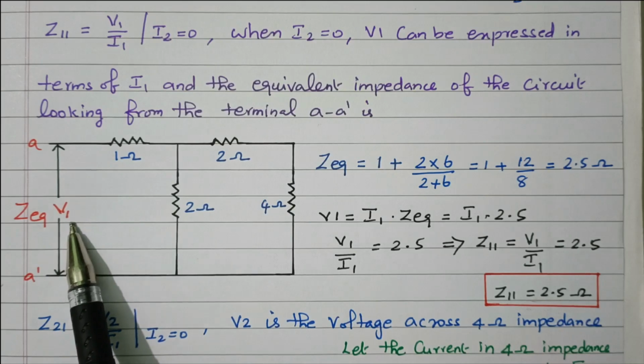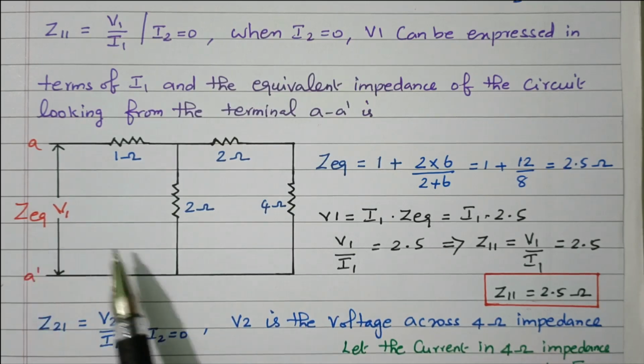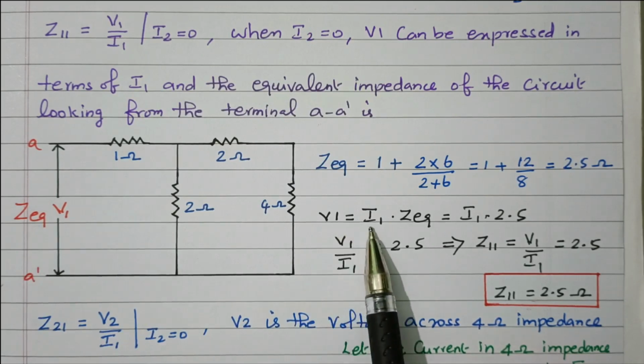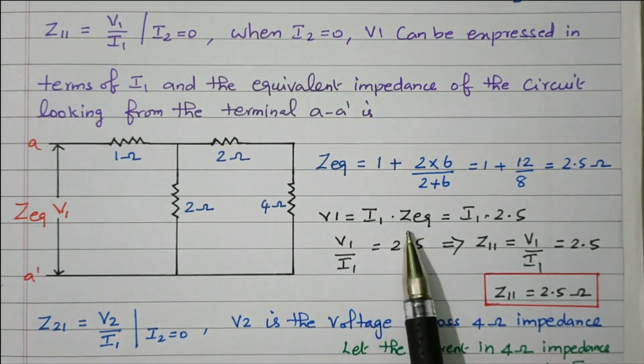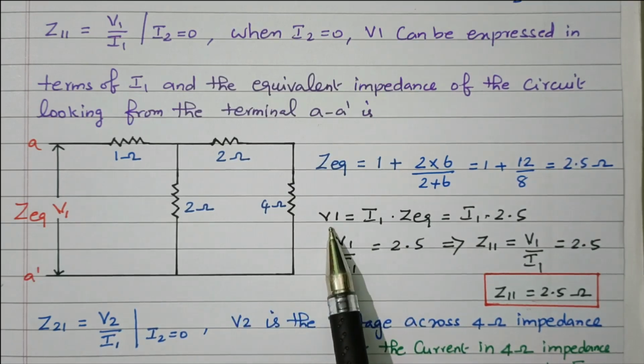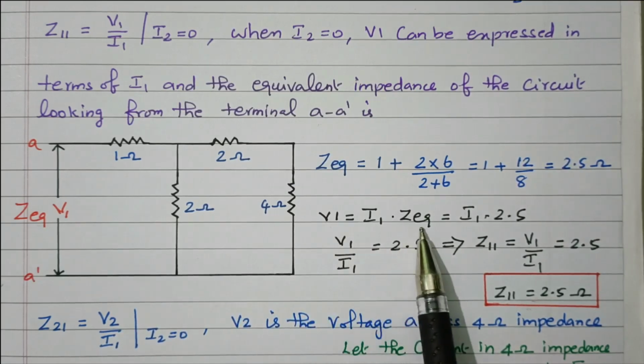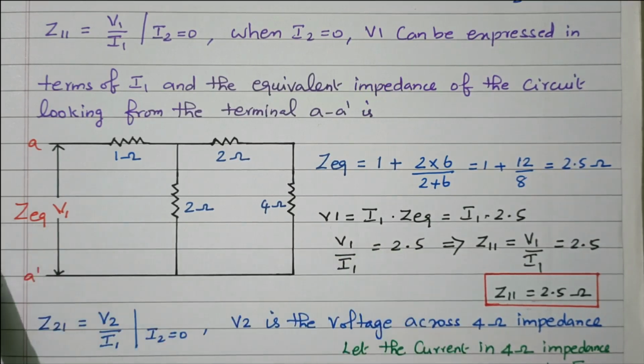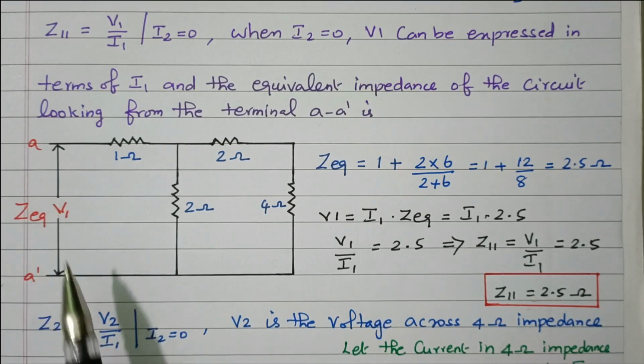So in order to find V1 equal to I1 into Z equivalent, we need to find the Z equivalent of this circuit so that we can easily find V1 equal to I1 into Z equivalent. So Z equivalent is nothing but we are referring from this end, A dash.